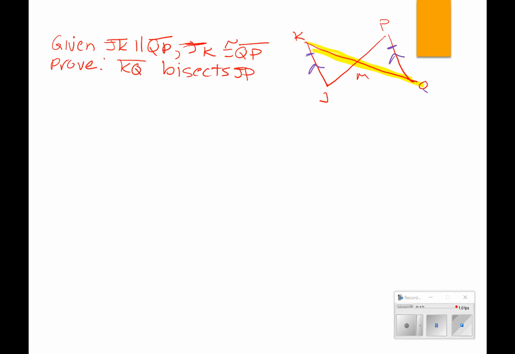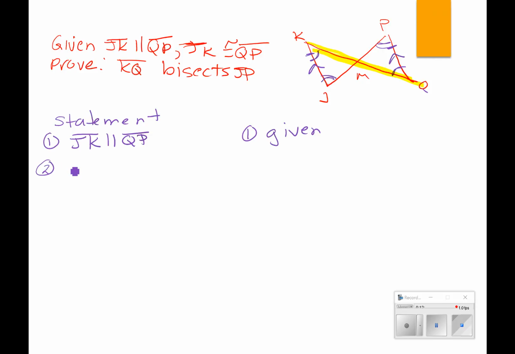All right. With our statements, I'm just going to name the first given, that JK is parallel to QP, because it makes logical sense. And that is given. Since those are parallel, I can say that this angle and this angle are congruent, and this angle and this angle are congruent, because I've got those two transversals.